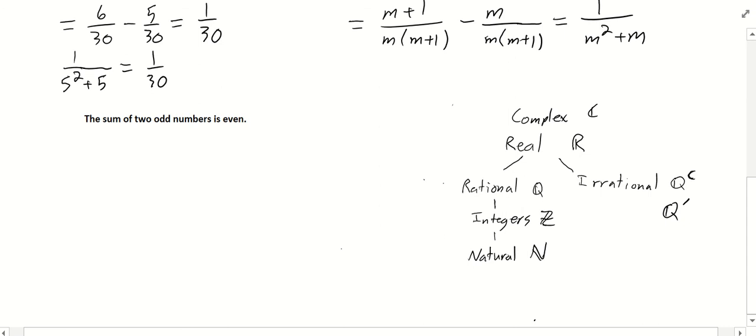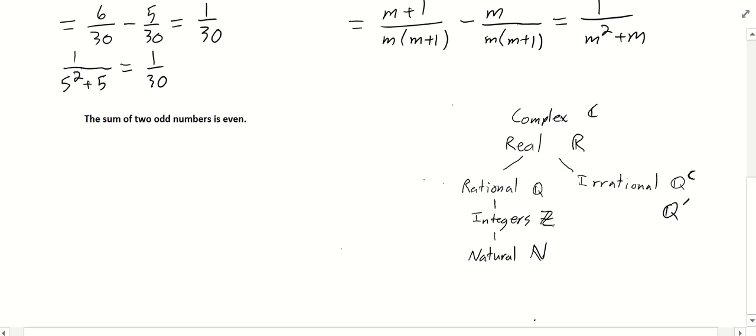Let me talk about these different types of numbers real quick. Some of the symbols are not too hard to remember. Like for real numbers, we use an R. The ones that are a little bit strange are like rational numbers. We use a Q. You can remember that for quotient, because rational numbers can be written as fractions, as quotients.